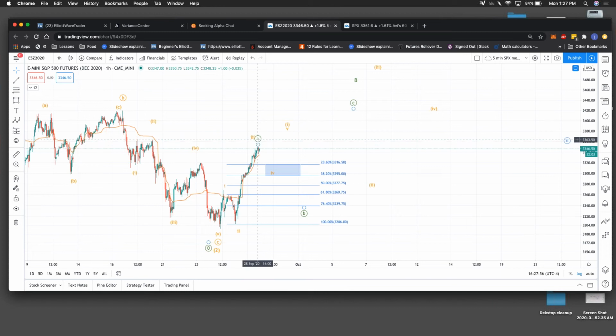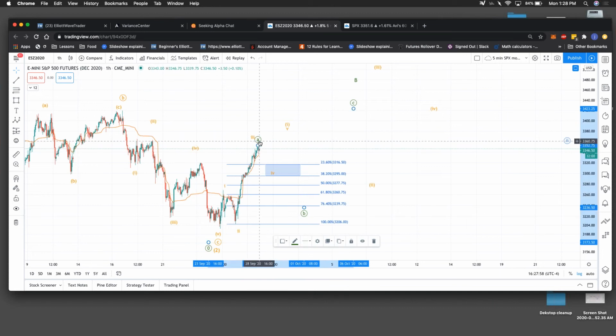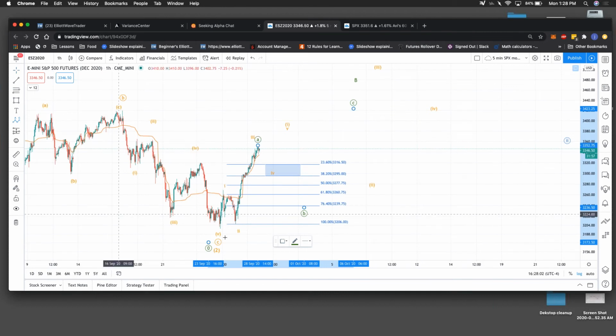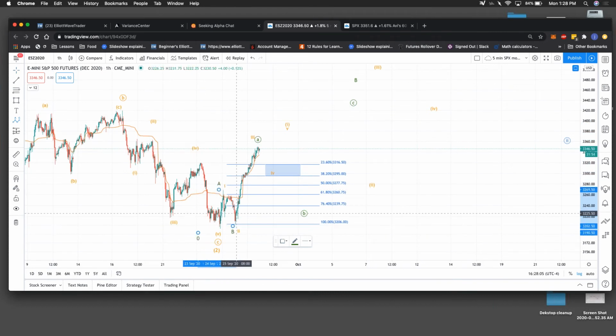But if we fail here, even though this is a very extended C of this A wave, it would probably look like this. We call it an A, B, and C up.